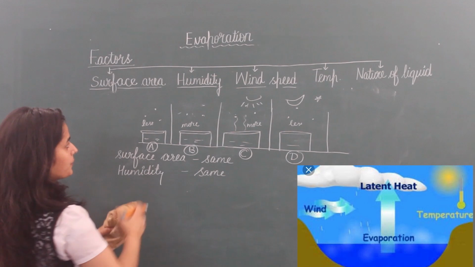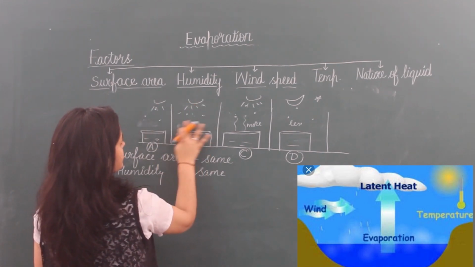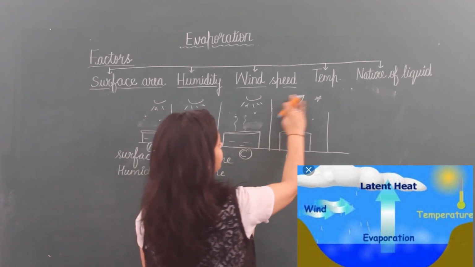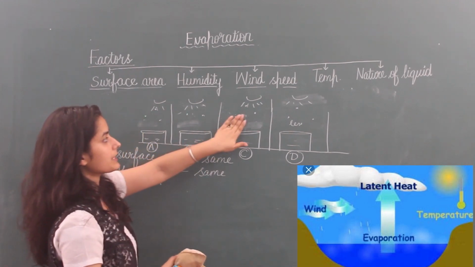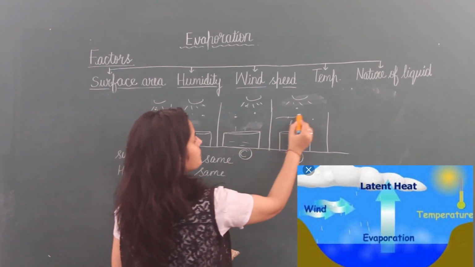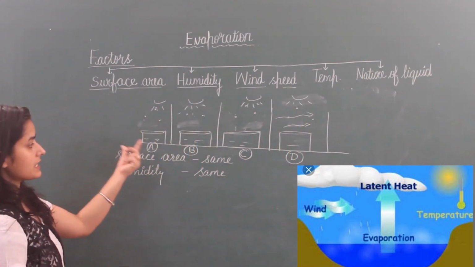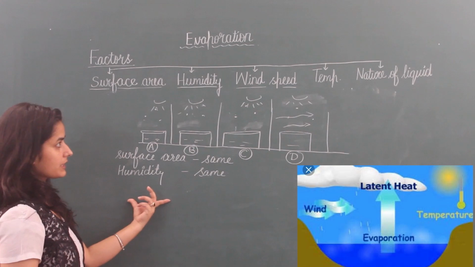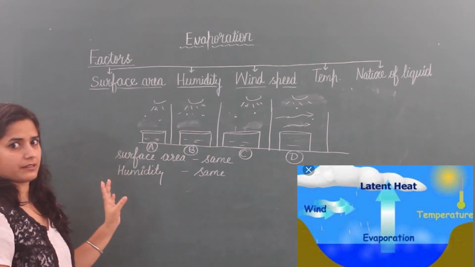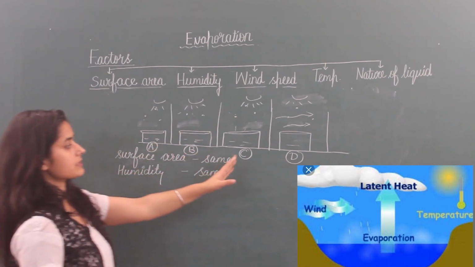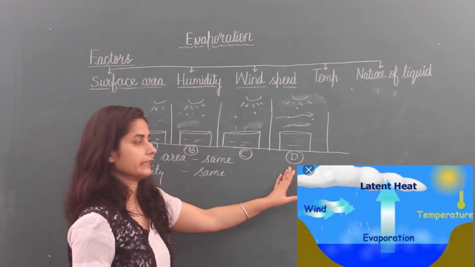Temperature now is the same everywhere, but with this temperature, wind speed is more in container B. Then what happens? Surface area same, humidity same, temperature same, but wind speed is different. Then from A, B, C, D container, evaporation will be more in D container.